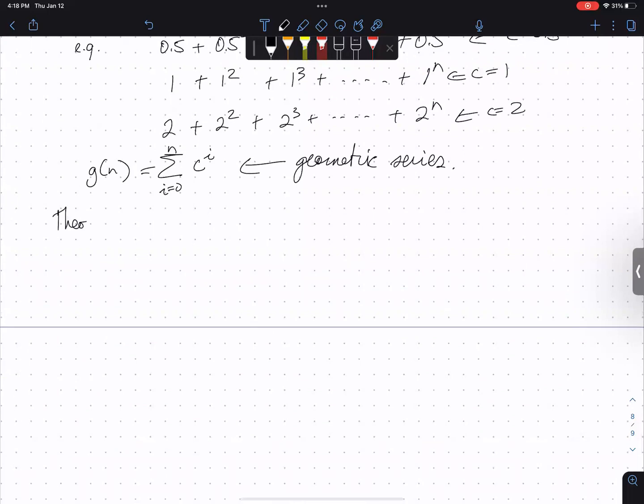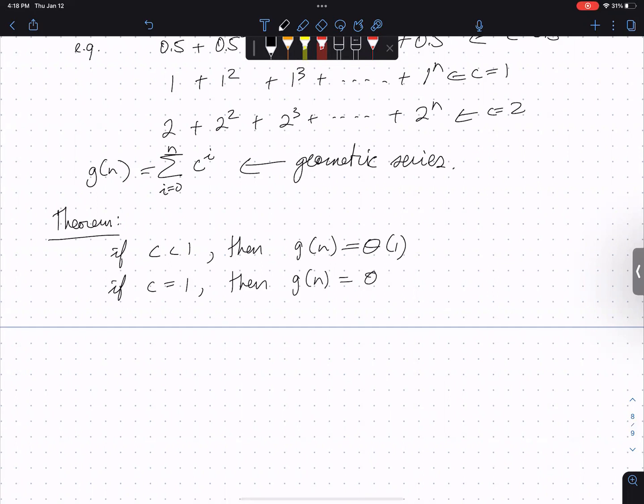So write this out, theorem. If c is less than 1, then g of n is theta 1. If c equals 1, then g of n is equal to theta n. And if c is greater than 1, then g of n is equal to theta c to the n.